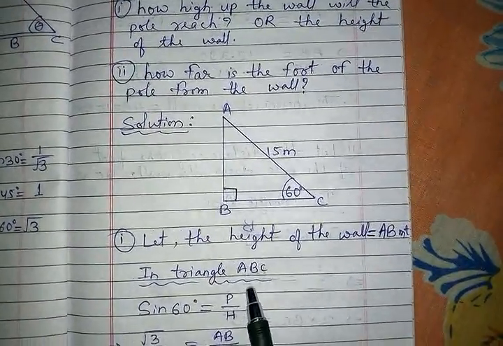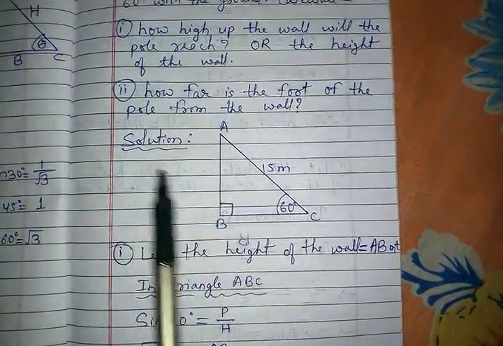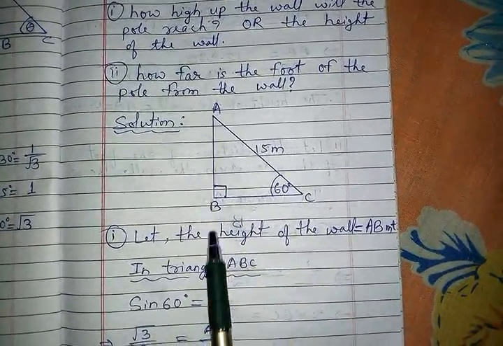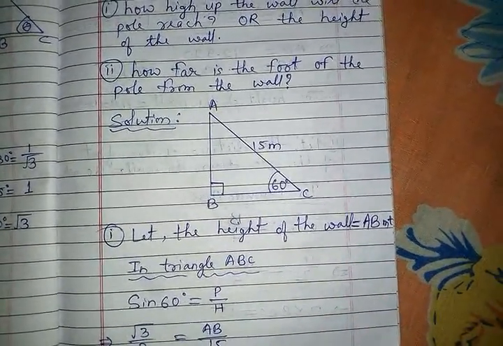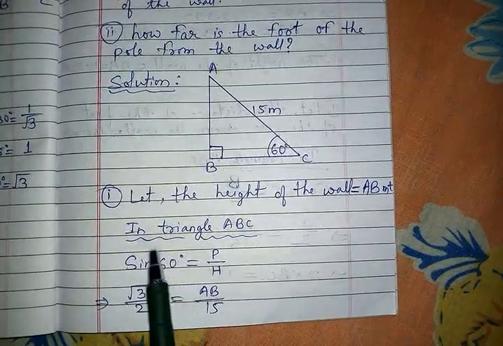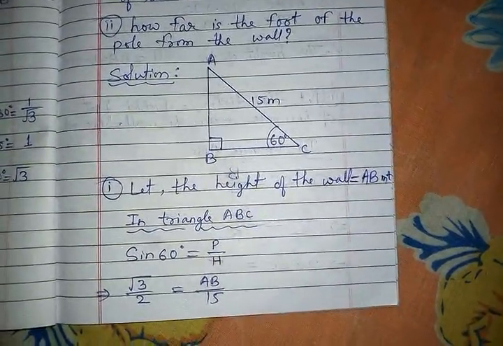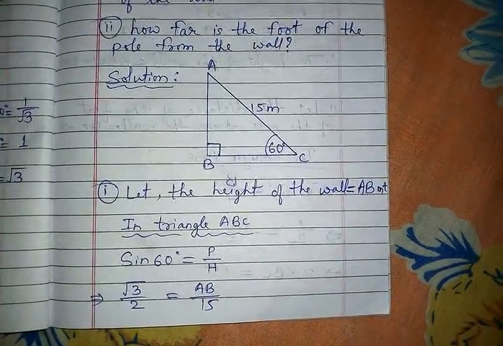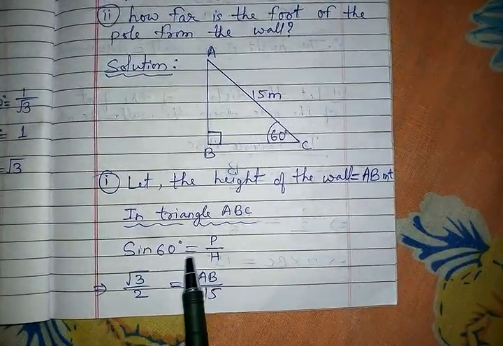Now for question 1, as they are asking the height of the wall, let the height of the wall equal AB meters. Now in triangle ABC, sin 60 equals P by H. You might be asking, sir, why suddenly sin 60?